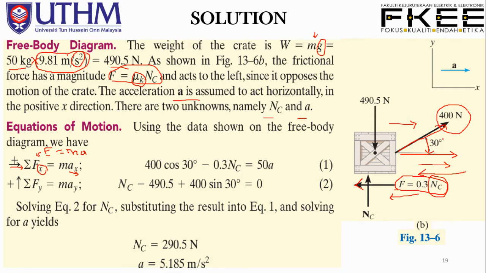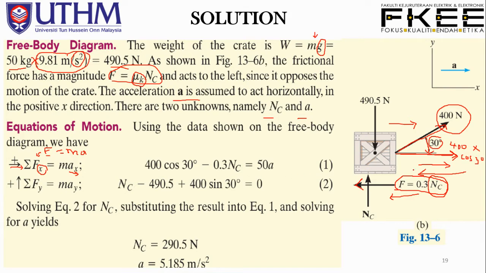So the gap gives us 30 degrees. The cos of 30 degrees multiplied by 400 gives this straight horizontal component. So 400 multiplied by cos 30 degrees.